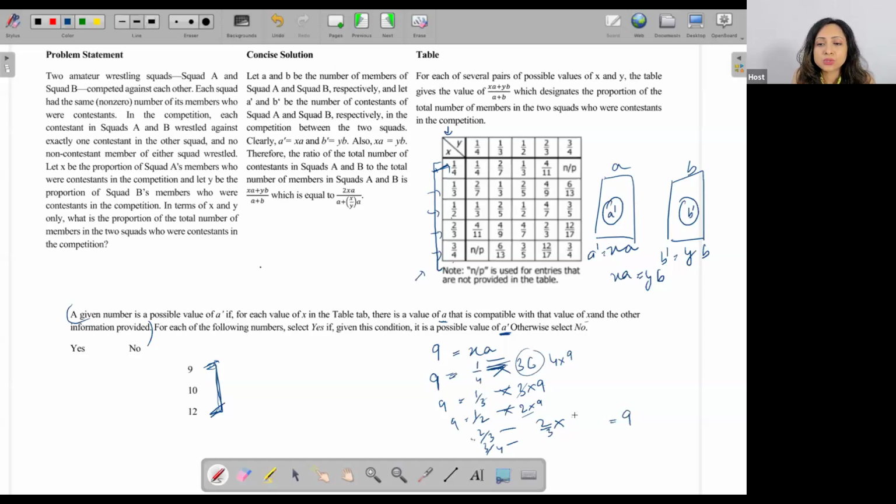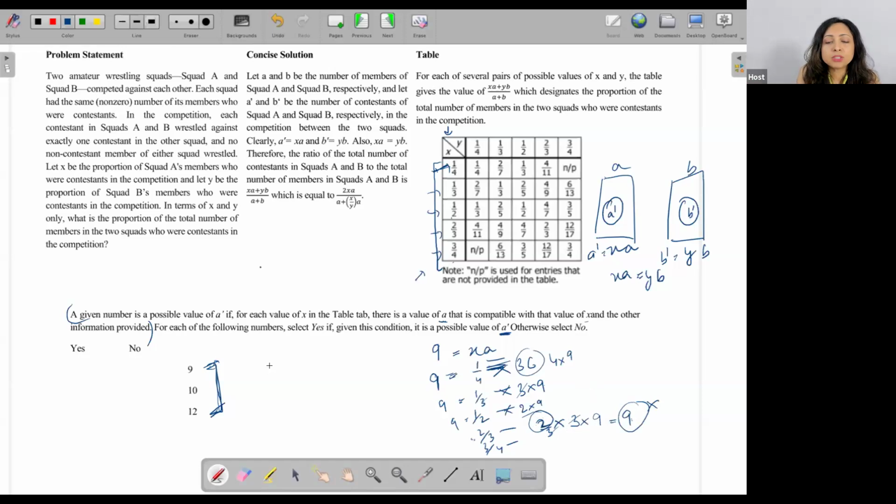I know this 3 has to get cancelled off. Fine. I know this 3 has to get cancelled, and 9 has two 3's in it, right? But I have a 2 also over here. My 9 is not a multiple of 2. It does not have a 2, and that is why there is no such value of A. Do you understand that? This is the core point of this question.